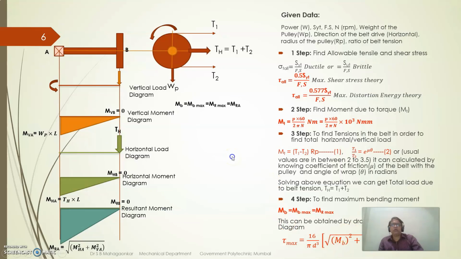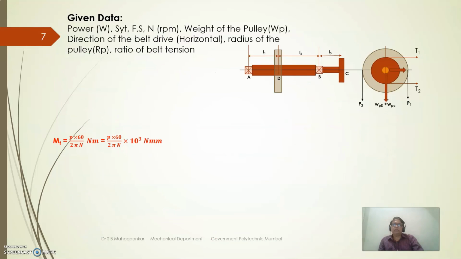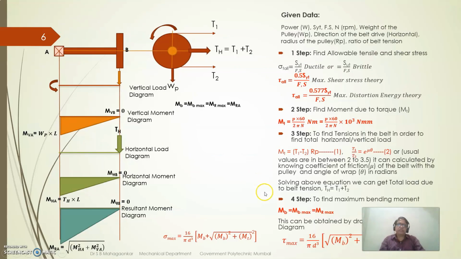If they are not given, you omit them. Similarly, sigma maximum is equal to 16 upon pi d cube into MB plus under root MB square plus MT square. Whichever diameter is larger, that value we have to take for the design. Okay, so the next one we will go for some problems with the same thing in the next video.